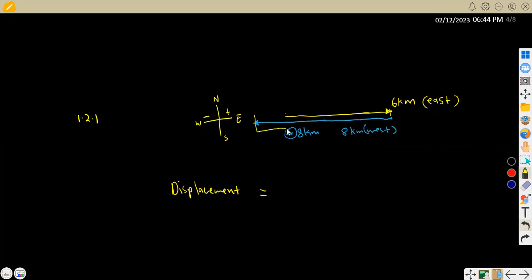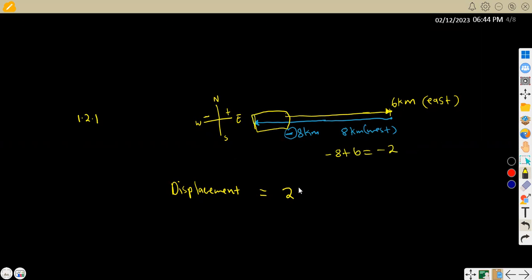So it's negative 8 plus 6, which is negative 2. The negative shows that you are going to the west. So the final answer is 2 kilometers to the west.